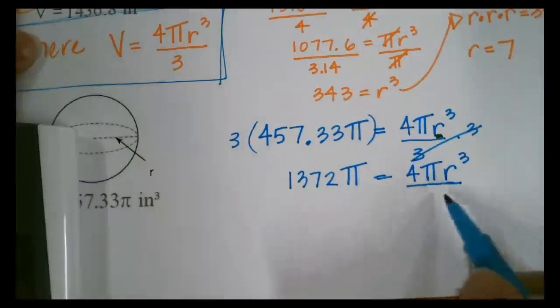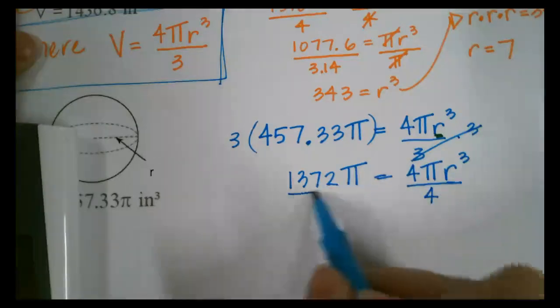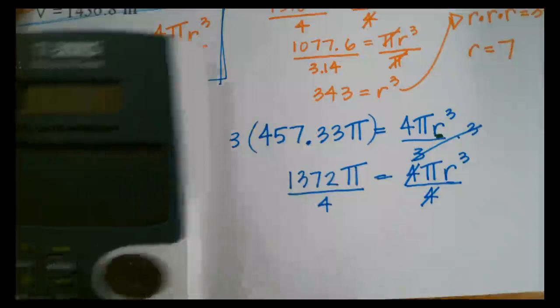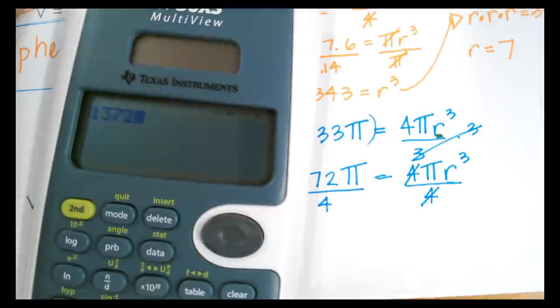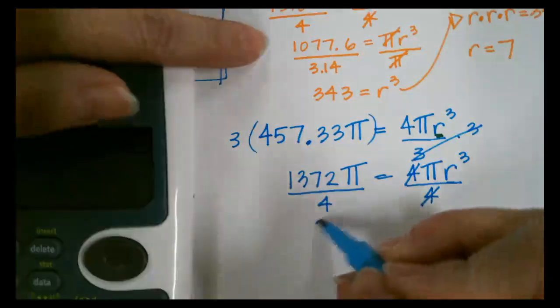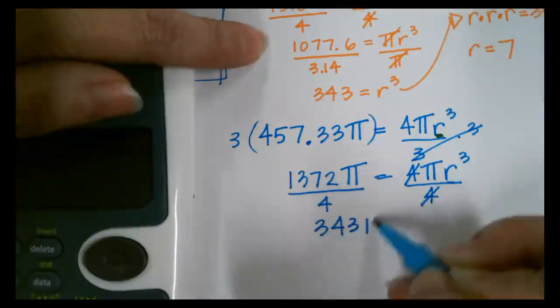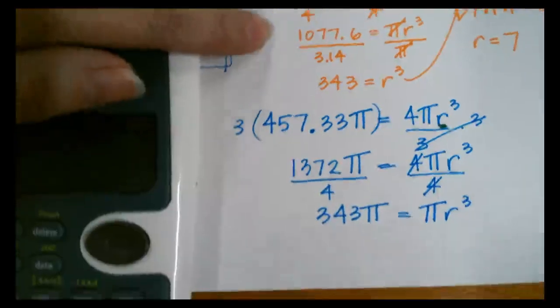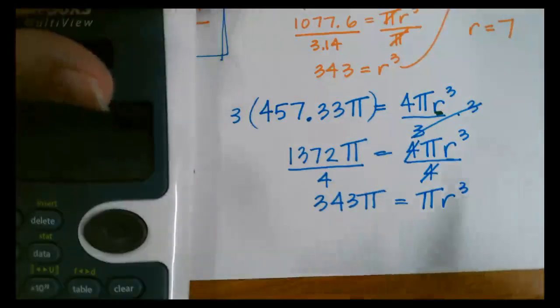So next up, I'm going to divide both sides by 4. So that's gone. So now I'm going to take 1372 divided by 4. So I get 343 pi and pi r cubed. You might even see where this is going already.